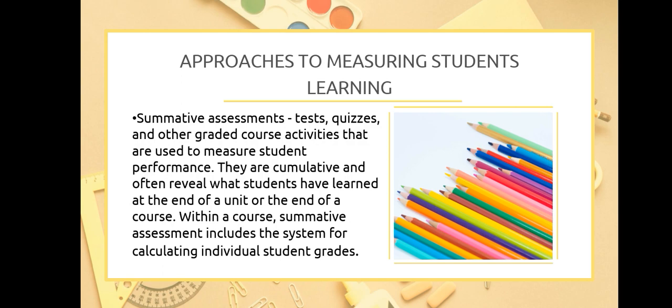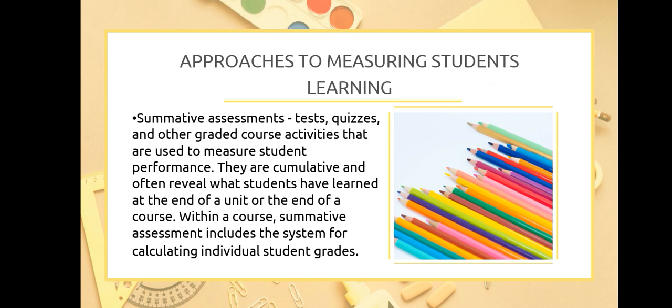There are two ways to gather information on how to measure student learning. First is the summative assessment. Summative assessment includes the tasks, quizzes, and other graded course activities that are used to measure student performance.